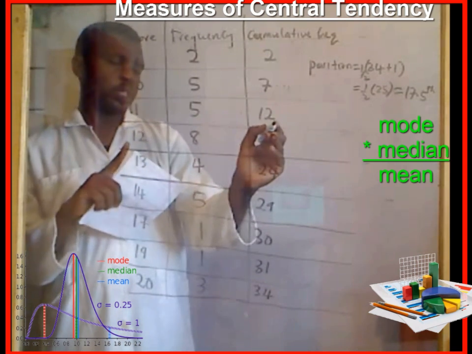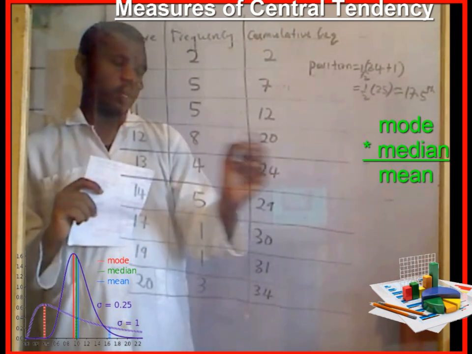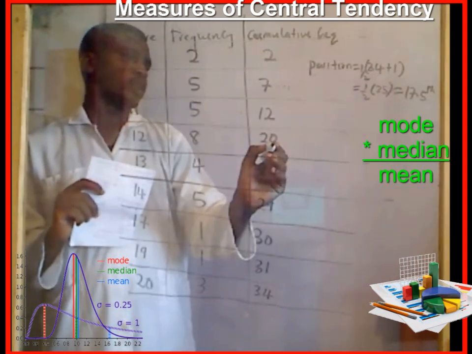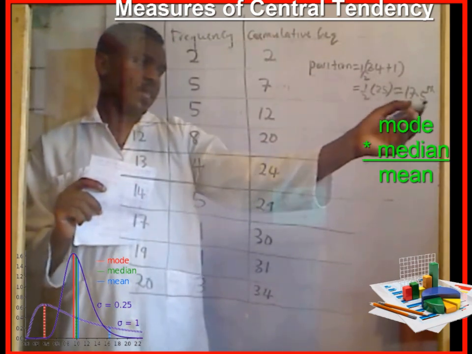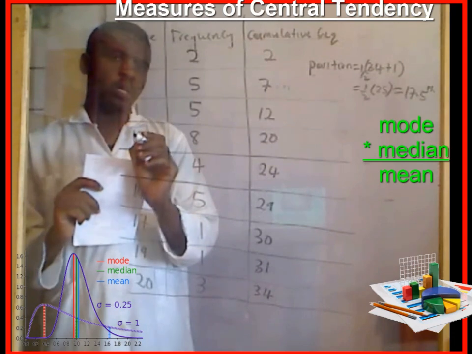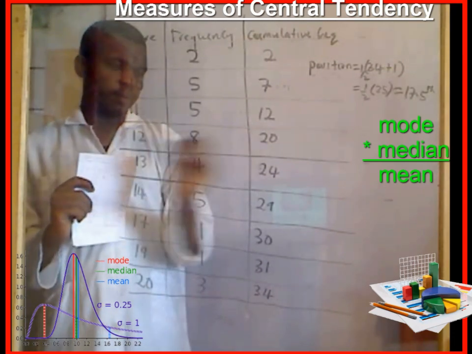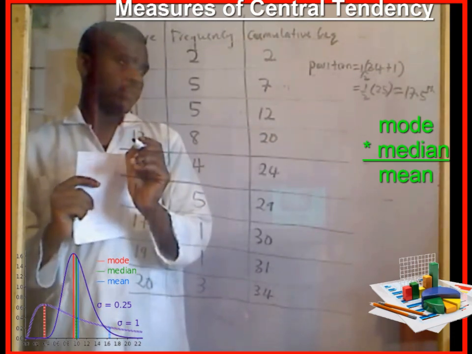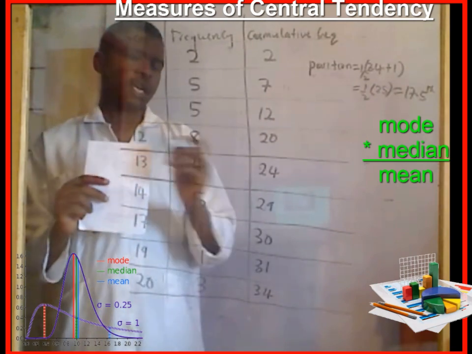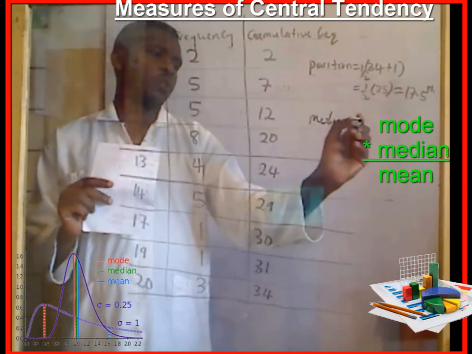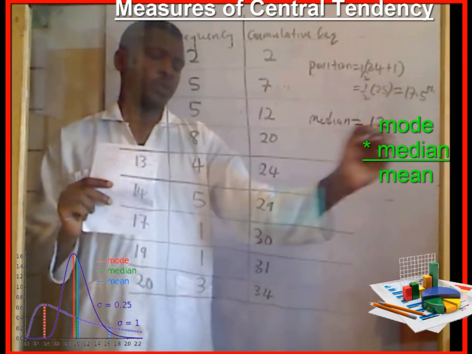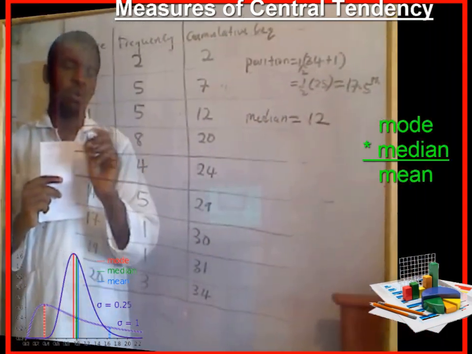So at the 12th position, after adding all the 12's, I am at the 20th position. So this tells me that the 17th position should be on the score 12. So this is how I get my median. The median there will be equals to 12, which is this score.